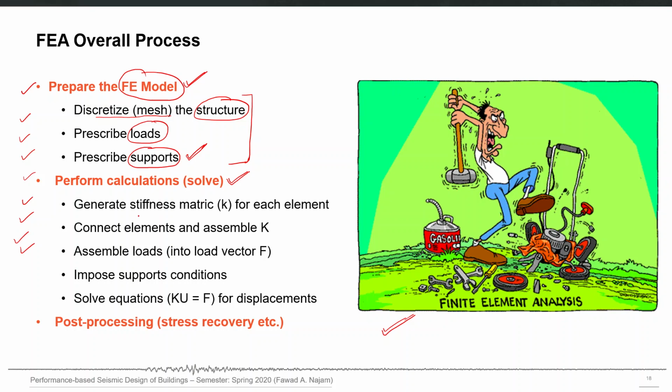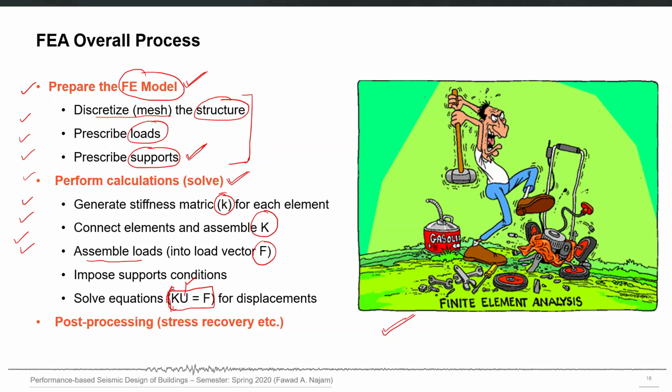Software will basically generate the stiffness matrix small k for each of the elements, and then as the elements are connected to form an assembly, it will also assemble all small k's into a big global structural stiffness matrix capital K. It will also assemble all the loads into a load vector capital F, and it will impose the boundary conditions or the support conditions which you provided in the model. And if it is a linear static analysis, it will solve the equation F is equal to KU, and it will calculate the displacements, this U vector.